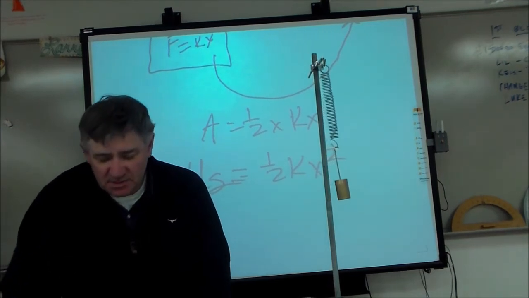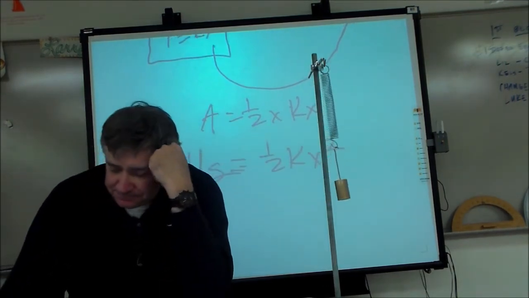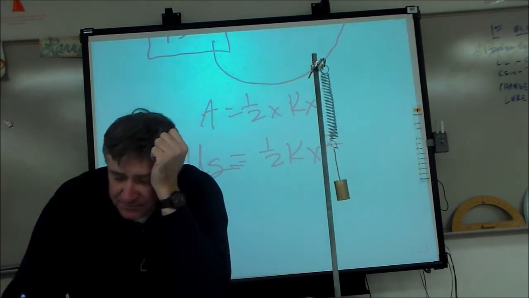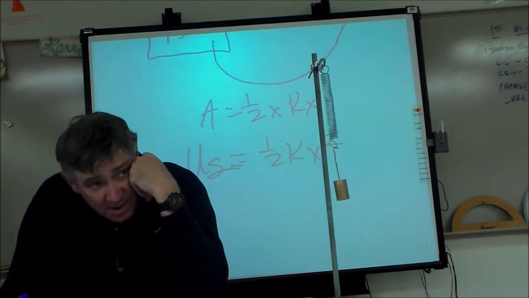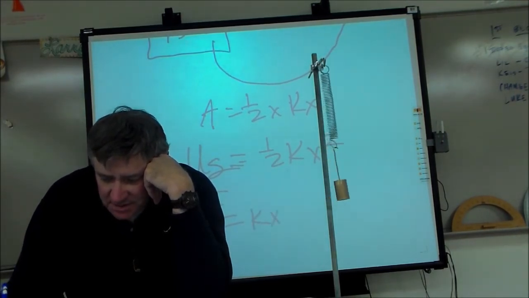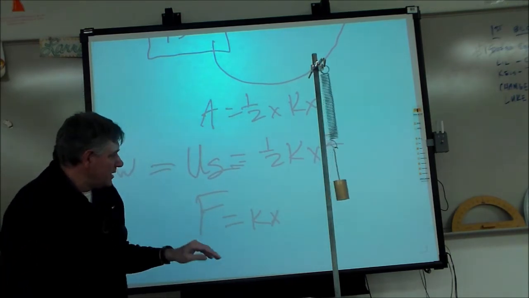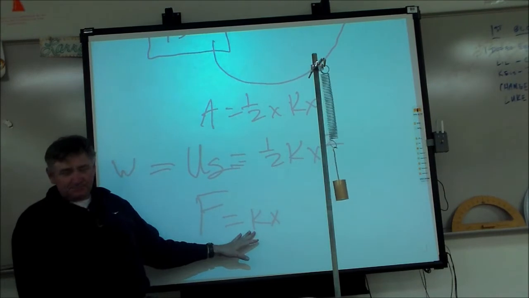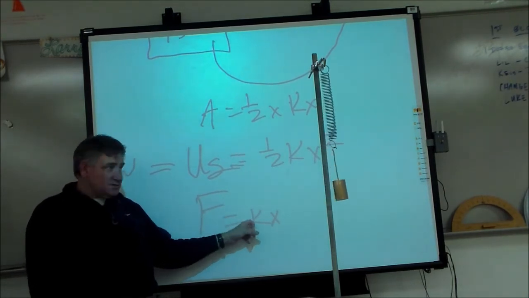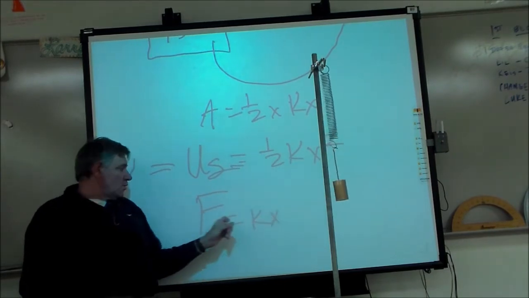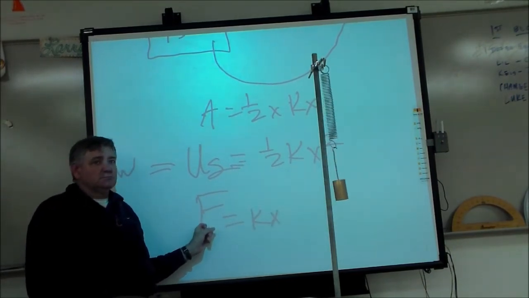So here's what's going to be important, okay? You have two equations that relate to springs. You have U_s equals 1/2 kx squared. You have F equals kx. Now, here's what I want you to see. Assuming that you have the same spring constant, if you double the elongation, what happens to the amount of force?